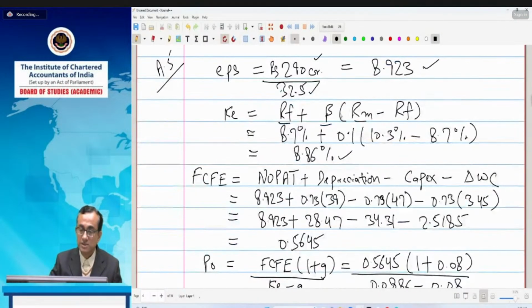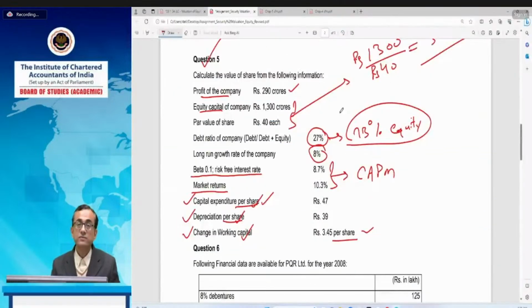And we further see that in the question, the cost of equity capital or the discount rate is not given. So we have to calculate the discount rate on the basis of whatever figures are given in the question. So beta is given, risk-free rate of interest is given, market return is given in the question. So from these figures, we can easily tell that the cost of capital in this case can be calculated with the help of the CAPM model.